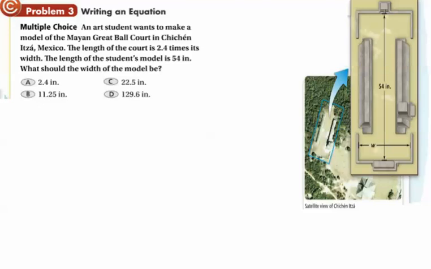I don't know, but I'm looking at this picture and wondering, what can I do to help me? So one thing I can say is that I don't know the width, so I'm going to call that W, and that's my width. Now, in my picture, do I know how the length and the width are related?